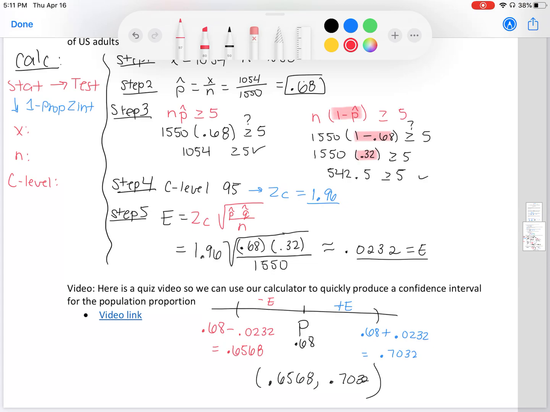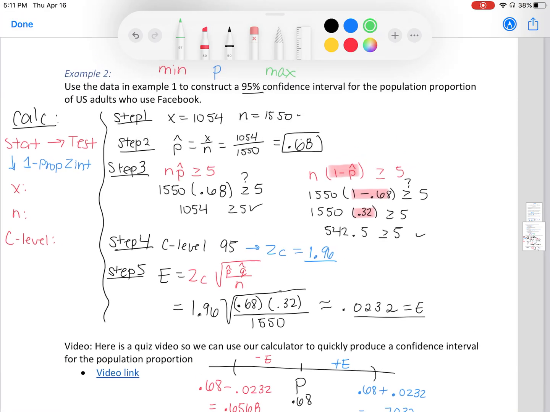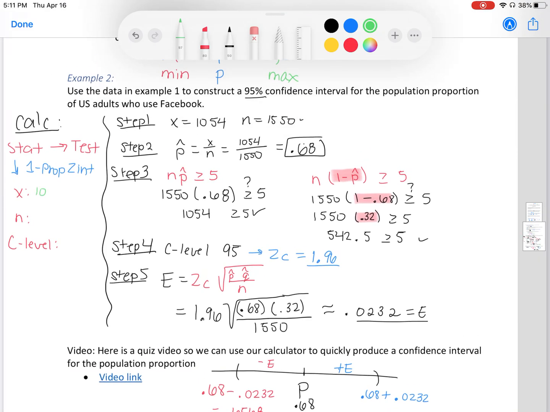So for us, we had an X, listed above, right? We have an X of 1,054. We have an n of 1,550, and we have a confidence level of 0.95.